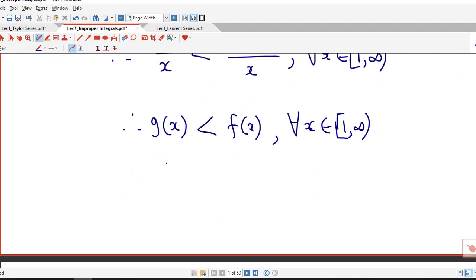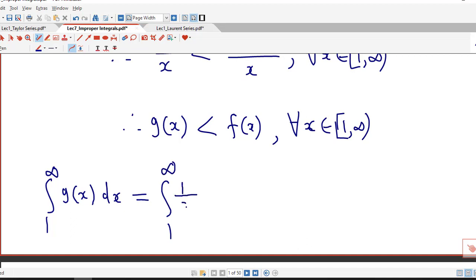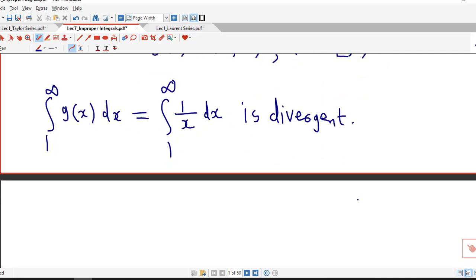So by the comparison test, if the integral of gx is divergent, the integral of fx is also divergent. Now gx is nothing but 1 by x. The integral of gx is divergent, because we know that the integral of 1 over x raised to p from 1 to infinity is convergent if and only if p is greater than 1.